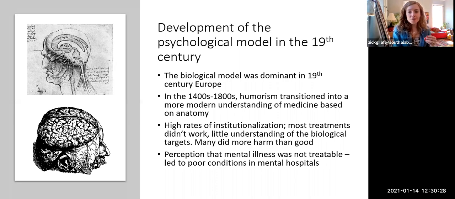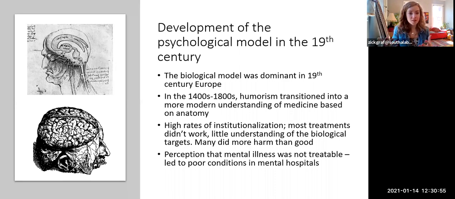In addition to this understanding, there was also an increasing awareness that medical treatments for problems relating to behavior, thought, and feelings didn't really work. At the time, European physicians didn't have good treatments for these problems. So one of the dominant treatments for serious problems of thought, emotion, and behavior was institutionalization.